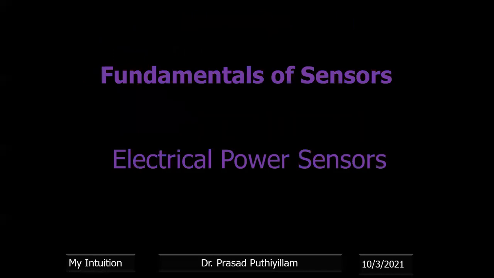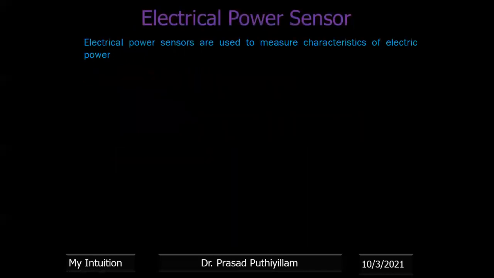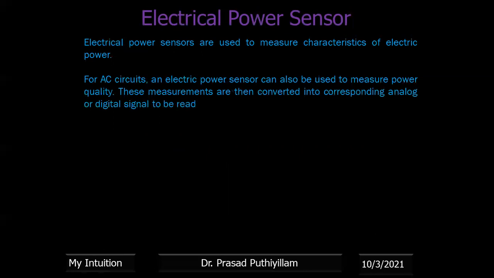Now, electrical power sensor uses characteristics of an electric power. In an AC circuit, an electric power sensor can be used to measure power quality. These measurements are then converted into corresponding analog or digital signal to be read by another device or display.